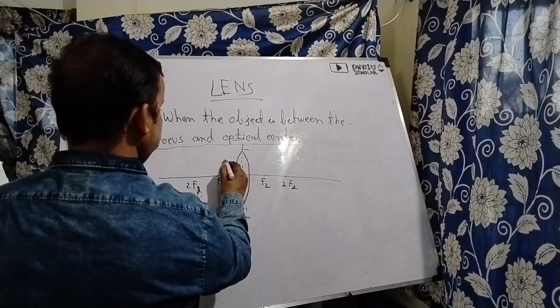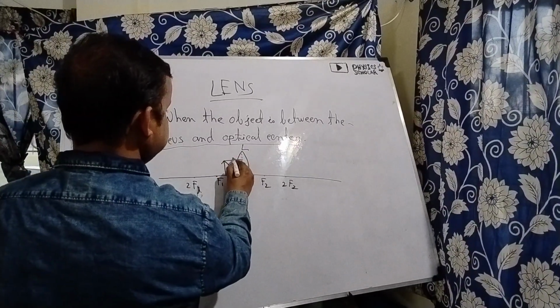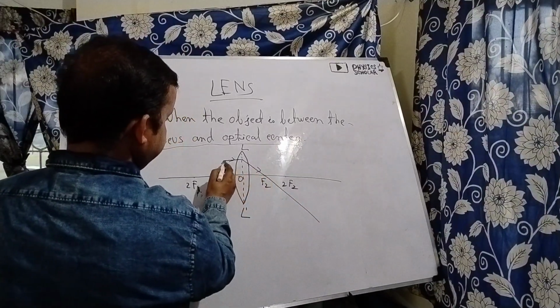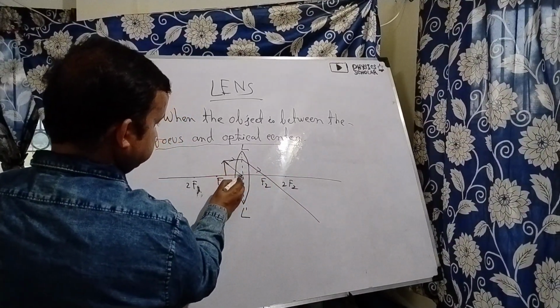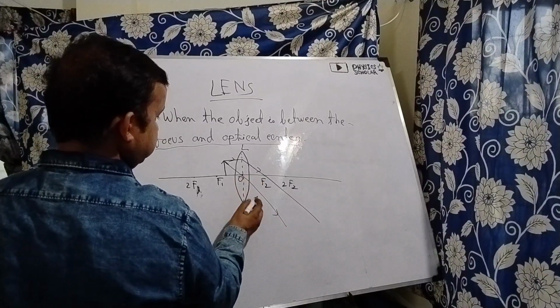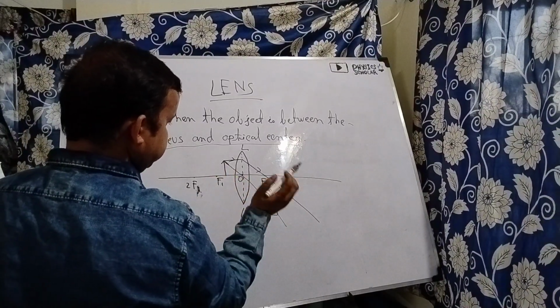One ray will come like this, and after being refracted it will go through this, and another ray goes to the optical center like this.